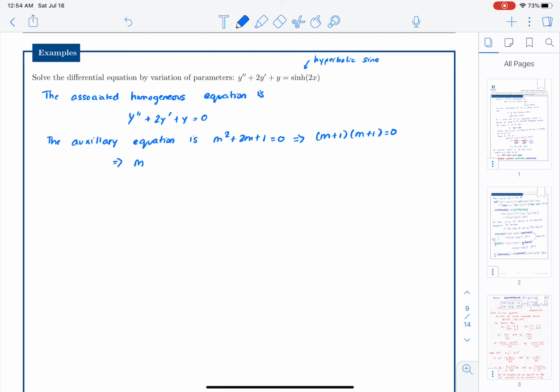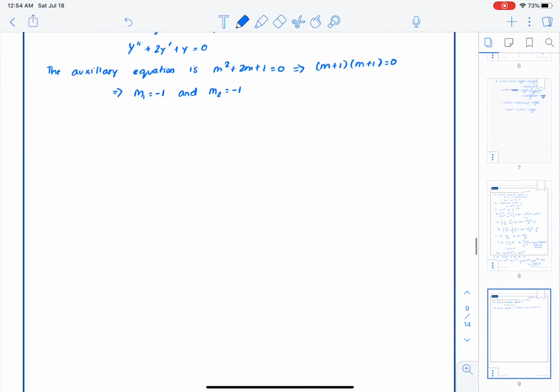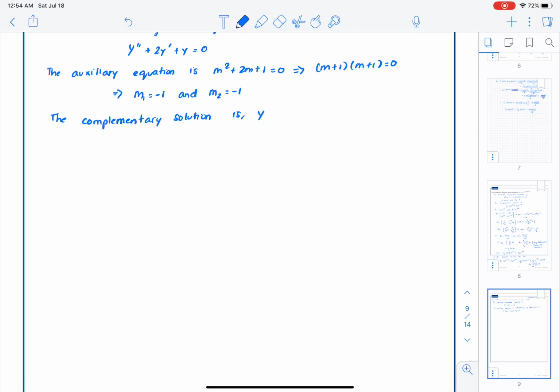Therefore, m1 is minus 1 and m2 is minus 1. And those are repeating roots, therefore the complementary solution is y equals c1 e^(-x) plus c2 x e^(-x).